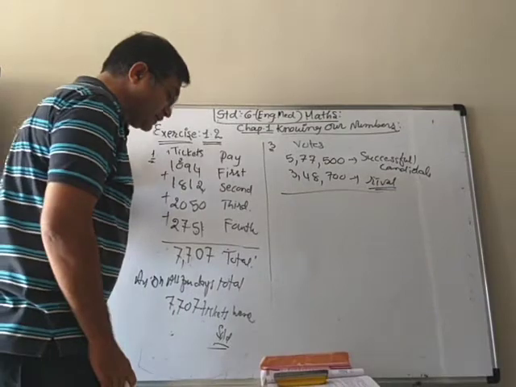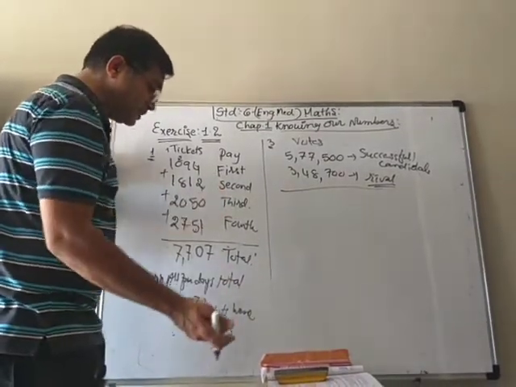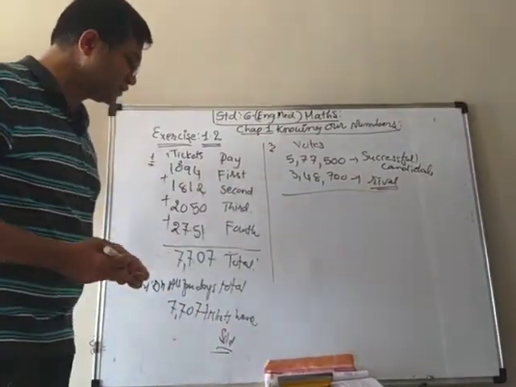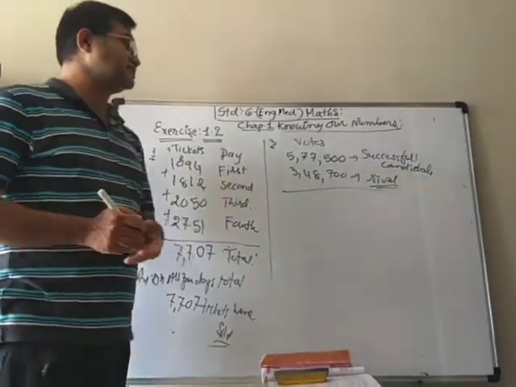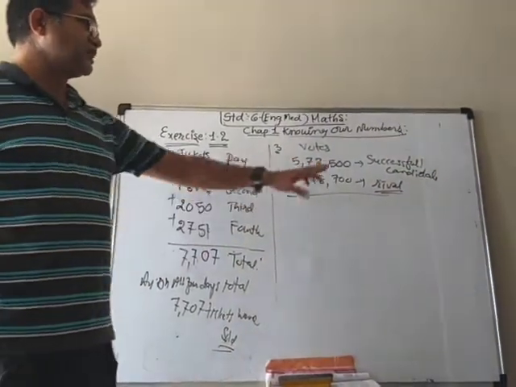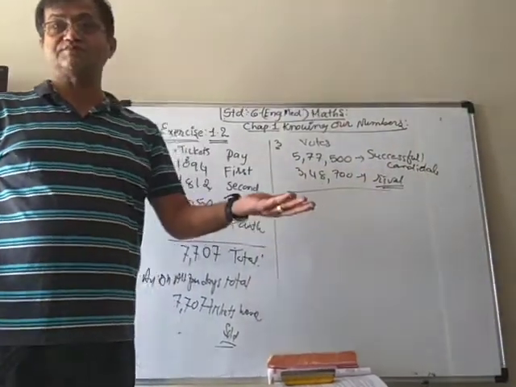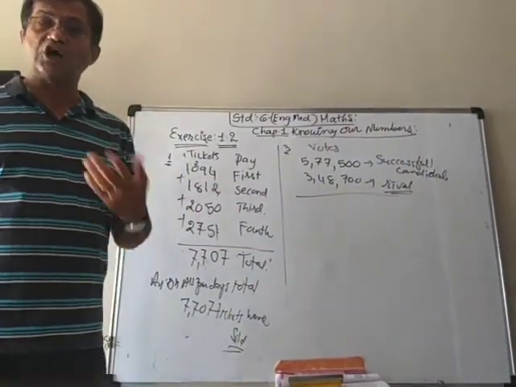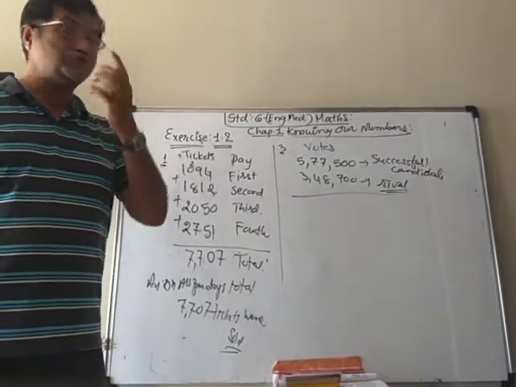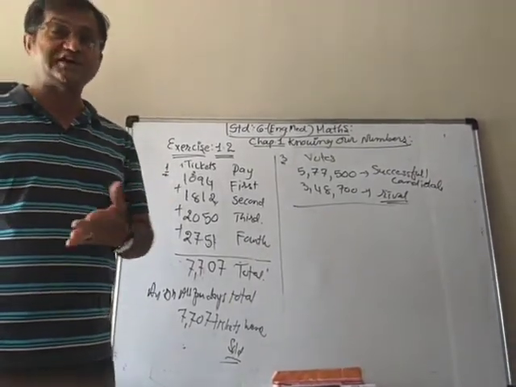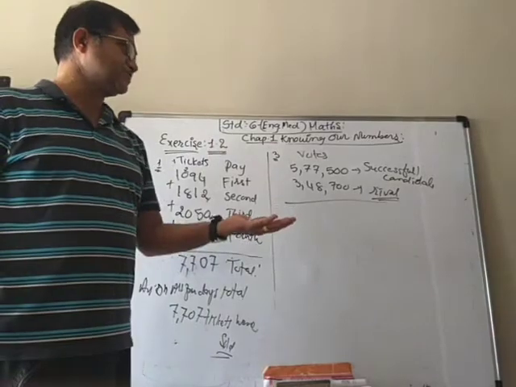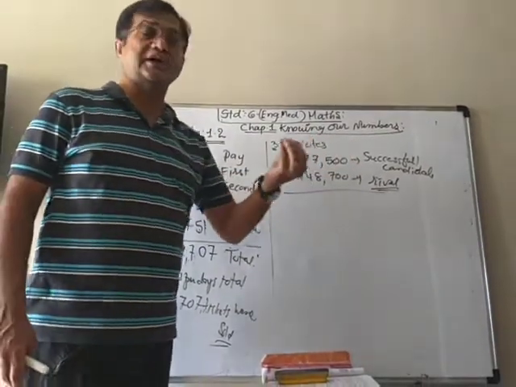Now we have to find by what margin the successful candidate won the election. It means the successful candidate got how many more votes than the rival candidate. So obviously here we have to do the subtraction. Then we can understand how many more votes the successful candidate got.